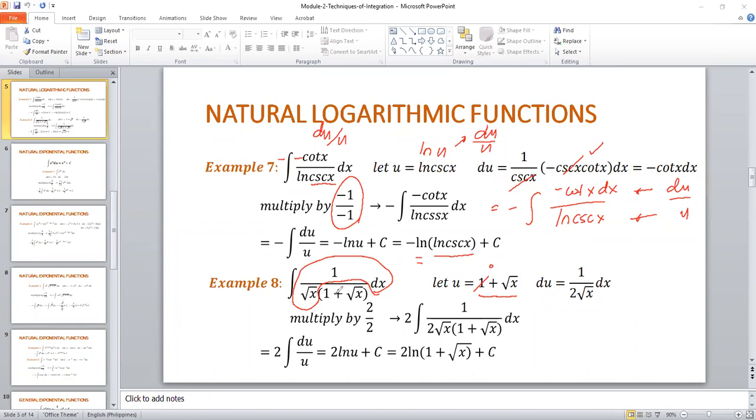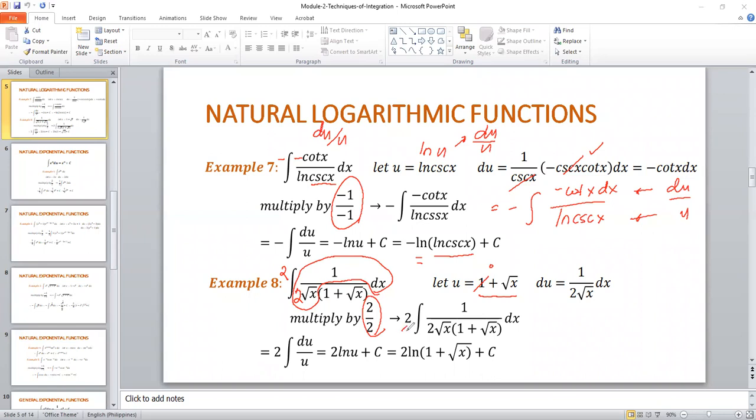So you see, the group of terms which you did not consider as your main function will stand as the derivative of your chosen u. It's the derivative of this 1 plus square root of x. So since you only lack 1/2, because you already have the dx over square root of x, you place 2 here and you place 2 outside. That's the reason why you have multiplied by 2 over 2.